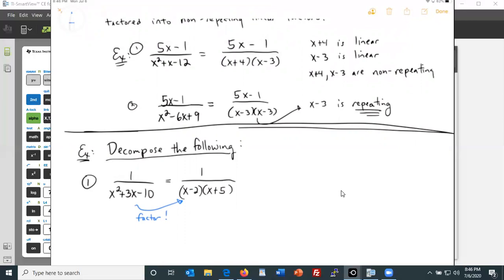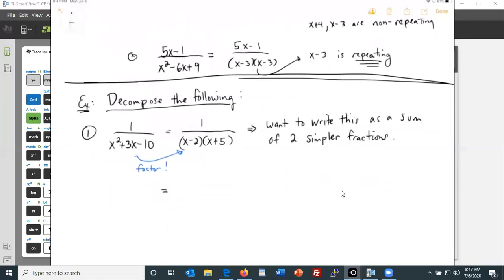Okay, now the goal here is to do what? What we would like to do is write this as a sum of two simpler fractions. All right, so here's how you do it.